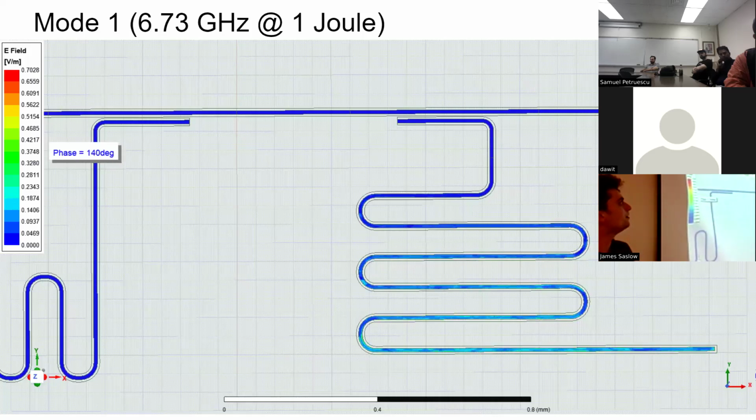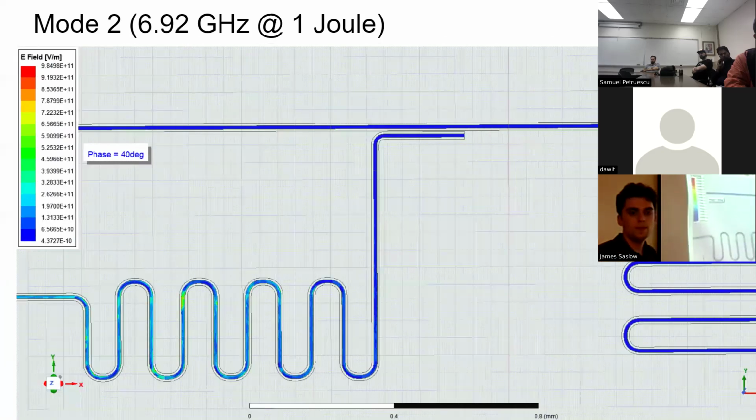So the first mode is at 6.73 gigahertz at 1 joule. I just put in 1 joule of energy to see what the system would do with it. And I see that the energy is sort of stored in the rightmost resonator here. Second mode, I have the energy stored in the leftmost resonator.